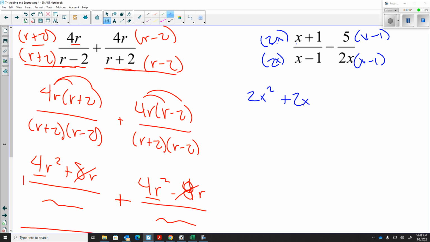Don't forget that you're distributing into each of those pieces, yeah? So then it's minus, well, I'll write it like this: 2x times x minus 1. Okay, so then it's minus, I'm going to distribute this. So it's 5x minus 5 over this stuff.